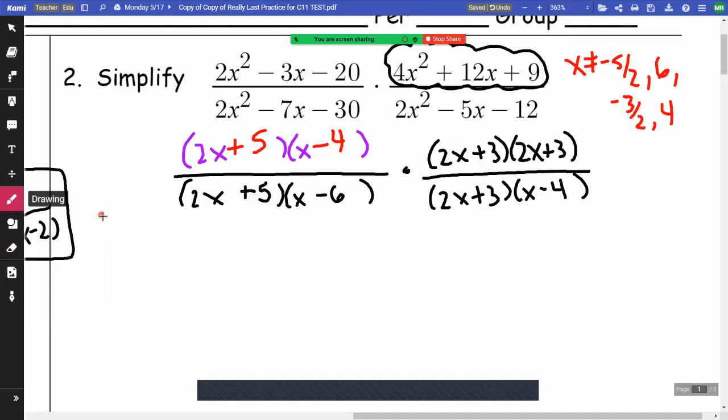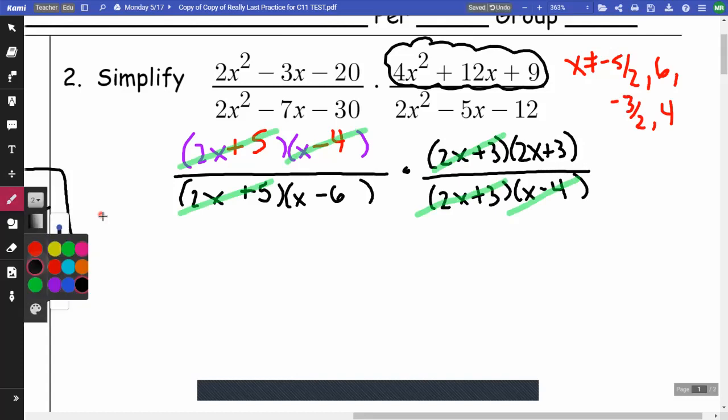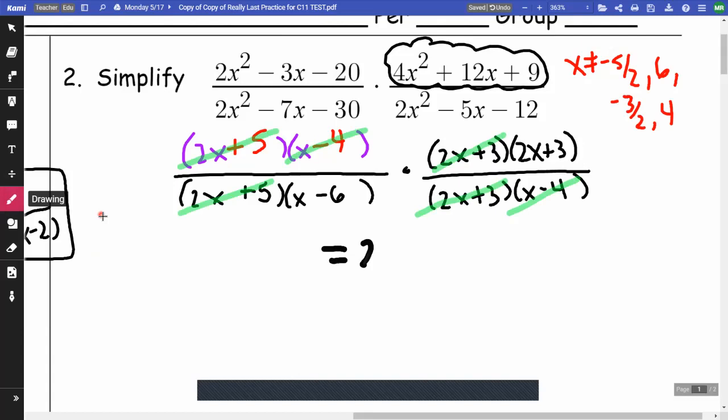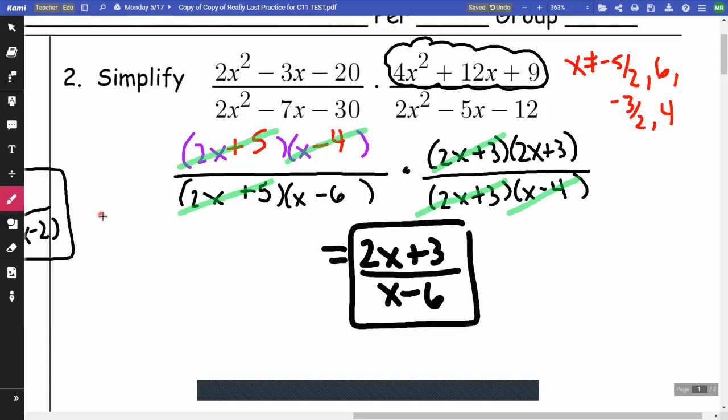So looking at this, let me just make this a little fainter. 2x plus 5, 2x plus 5, x minus 4, x minus 4, 2x plus 3, 2x plus 3, but I still have a 2x plus 3 left over on top. So it's going to be a 2x plus 3, and then on bottom, an x minus 6, and that's your answer.